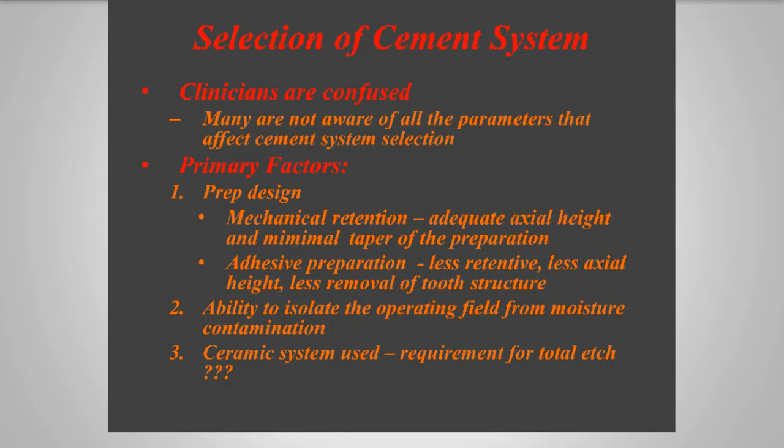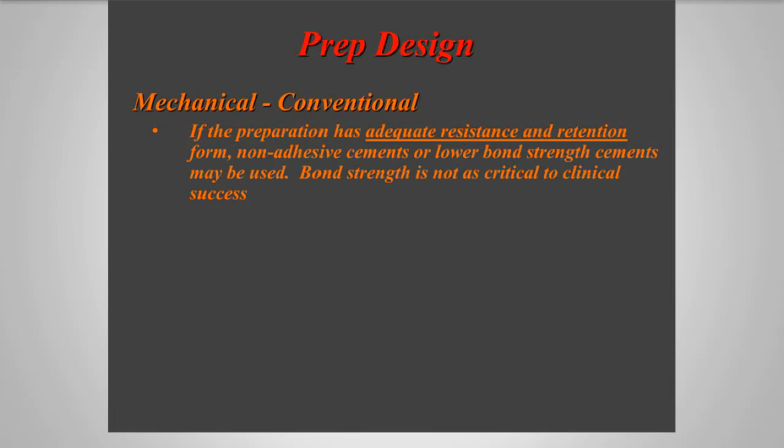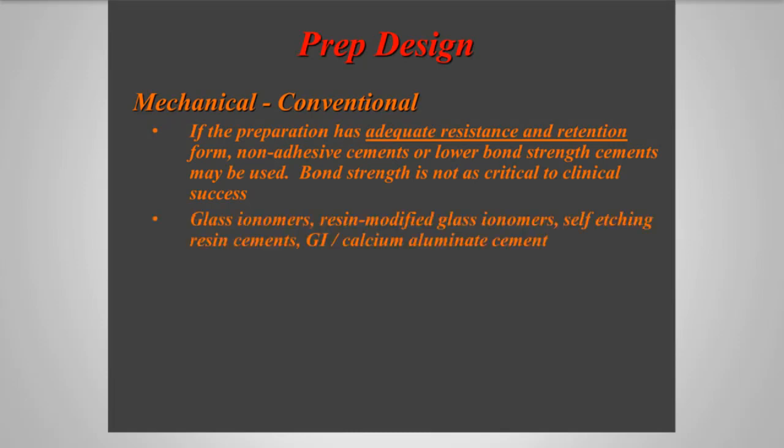With prep design, as I said, you need adequate resistance and retention form. Bond strength is not as critical to clinical success when you have a good prep, and you could use just about anything: glass ionomers, resin reinforced glass ionomers, self-etching resin cements, glass ionomer/calcium aluminates. Those types of materials can be used. However, if there's a variable of ceramic selection, then you have to consider adhesive.